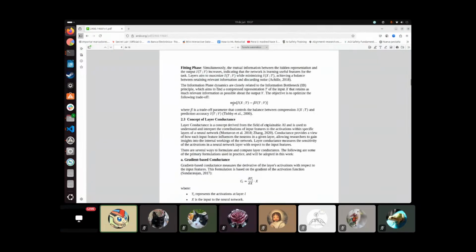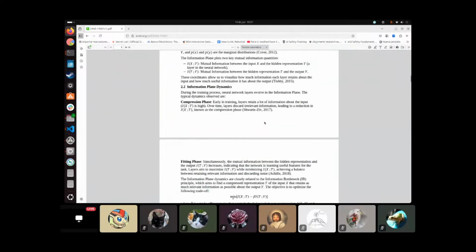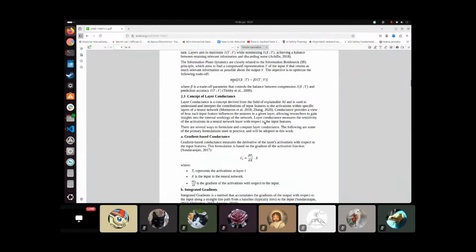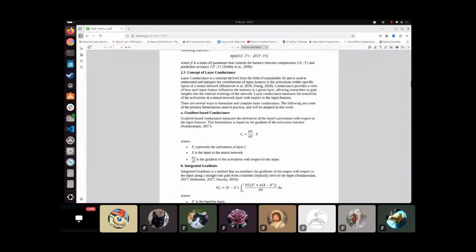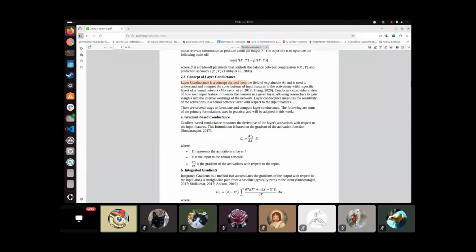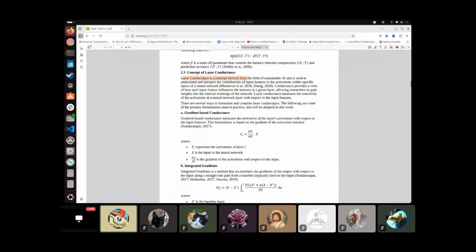But yeah, concept of layer conductance. Anyway, going back to this. So compression accuracy. Okay. Now let's see what this layer conductance is about, because they haven't actually used it yet.